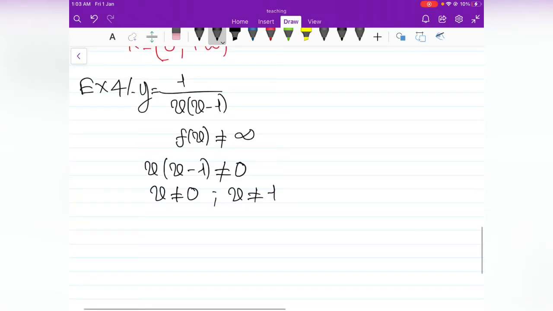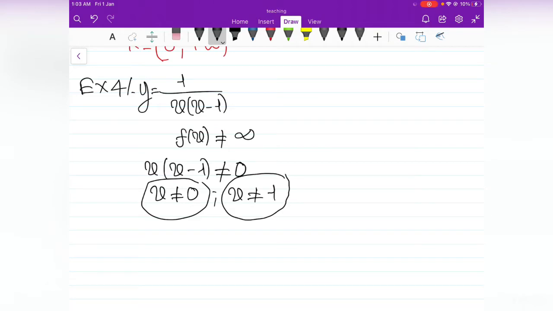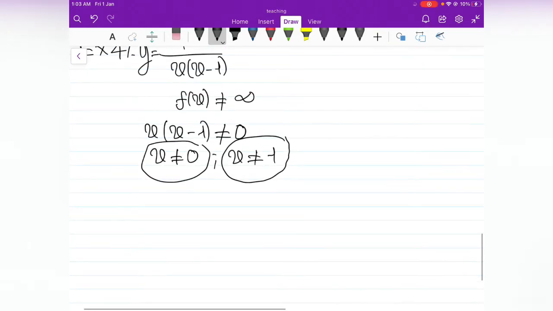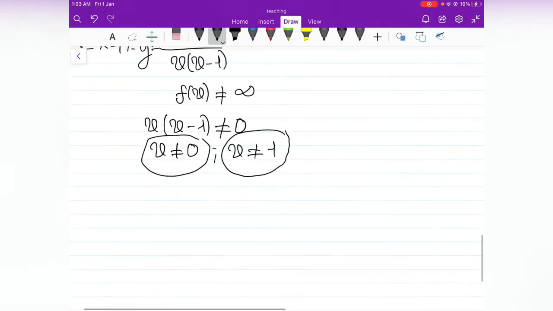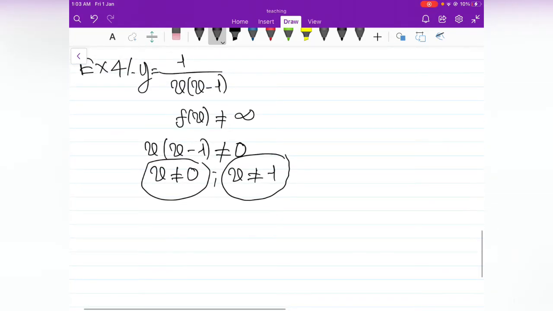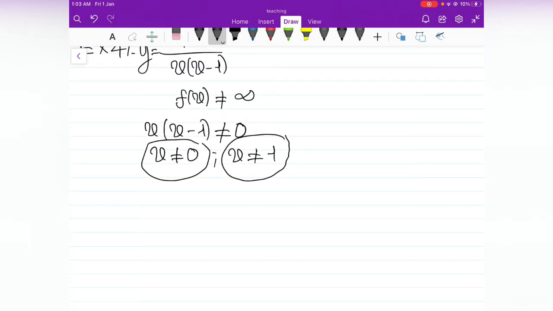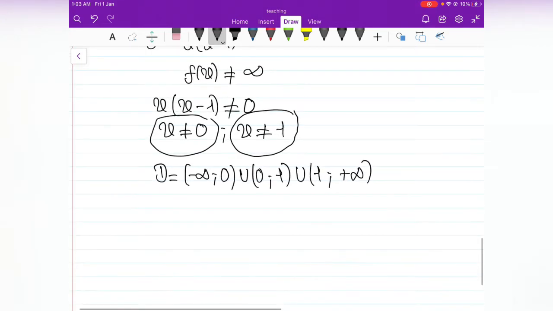If you plug in x equal to 0 or x equal to 1, you will get an infinite value. So therefore the domain is any value except 0 and 1: from minus infinity to 0, from 0 to 1, and from 1 to positive infinity.